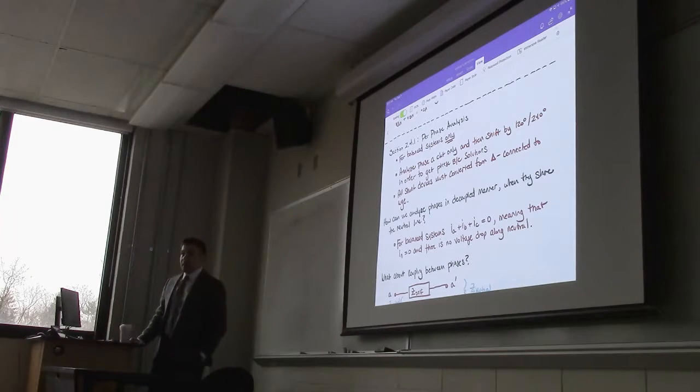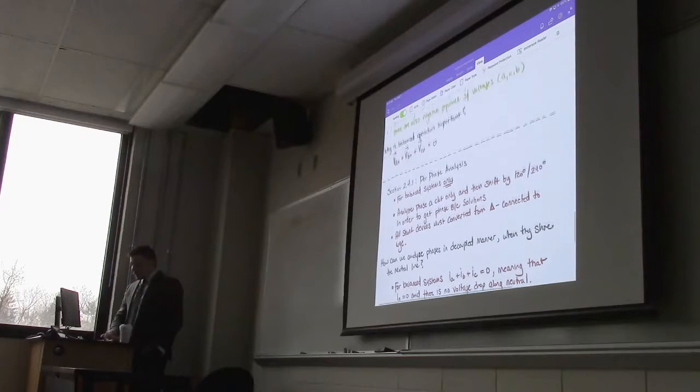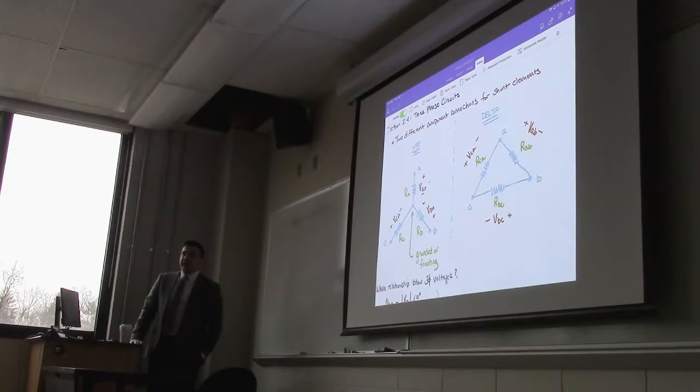Negative, assuming a positive sequence. Remember we talked about positive sequence and negative sequence? A, B, C versus A, C, B. It'll either be negative 120 degrees, positive 120 degrees compared to phase A, or the opposite.